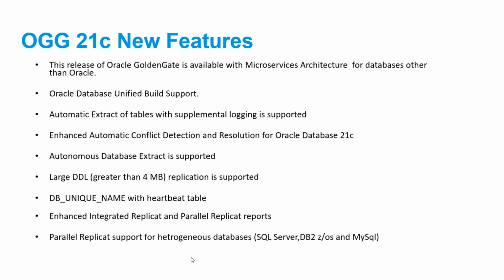There are multiple types of replicate. Parallel replicate is one of the features which was introduced in Goldengate version 12.3, but it was initially available only for Oracle database. Now from 21c, parallel replicate support has been introduced for heterogeneous databases as well, like SQL Server, DB2, and MySQL databases.